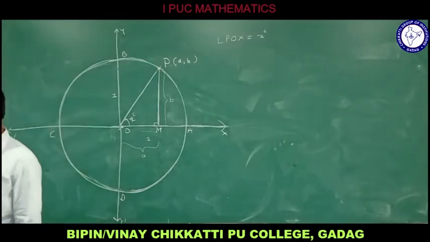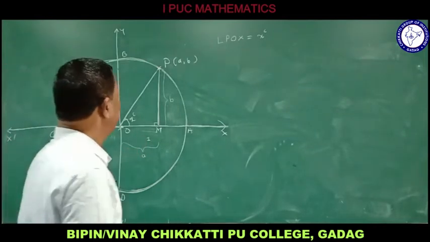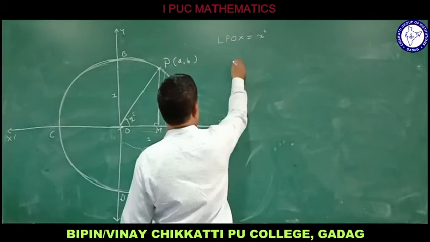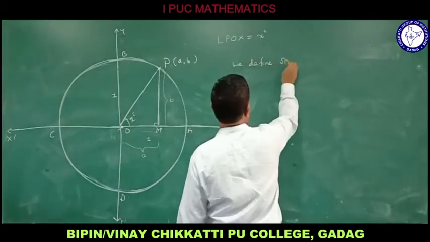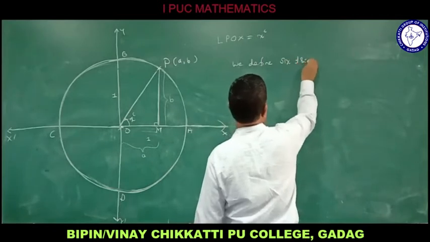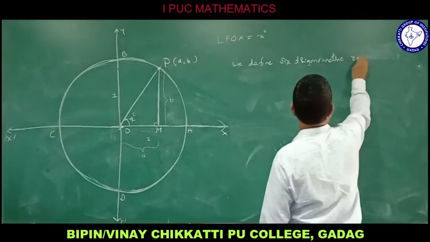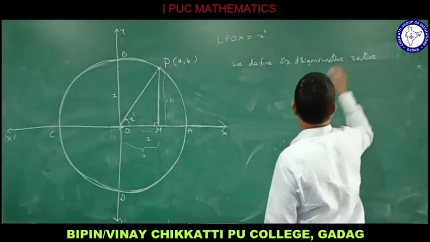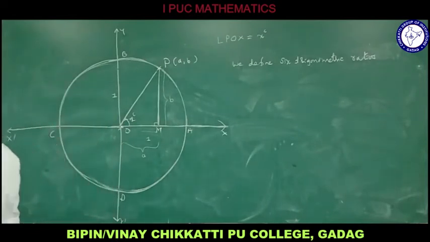Look, this is a very important point: we define 6 trigonometric functions, or let us say in the beginning, trigonometric ratios. I am explaining how to define these.